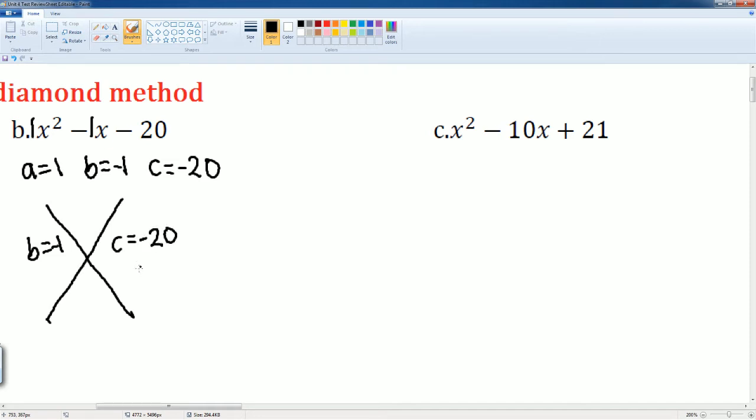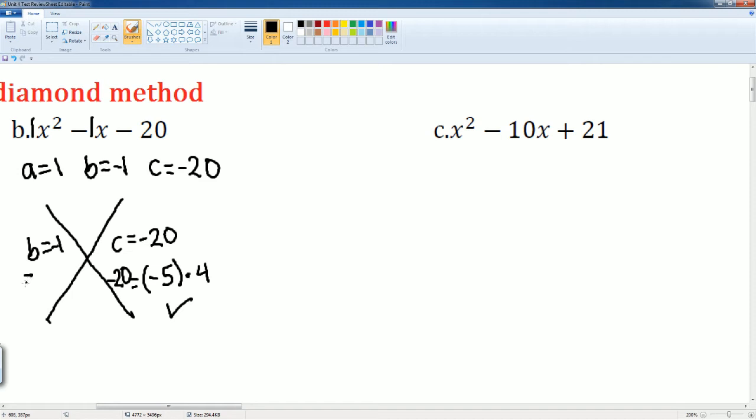We want to find two numbers that multiply to make 20, that adds to make -1. So the numbers I'm going to pick is 5 and 4. One of them has to be negative, so I'm going to make it a -5. -5 is going to be multiplied to the 4. That gets us -20, so that works.